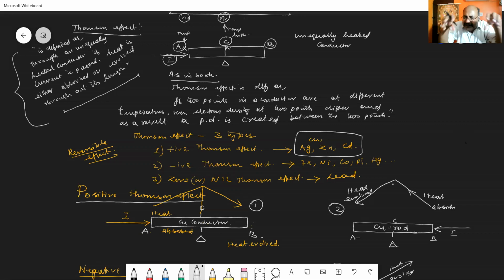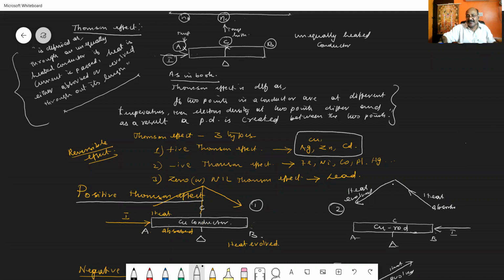Due to that different number density, a potential difference is developed, or an EMF is created, across the 2 points. That definition is given as the Thomson effect in your book.